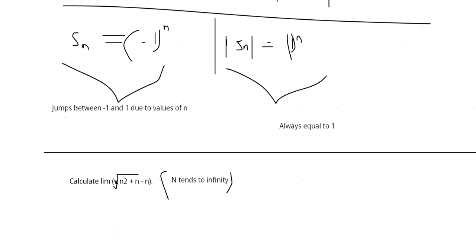Inside the square root, as n tends to infinity, n squared plus n is almost similar to n squared, as n is such a huge number.